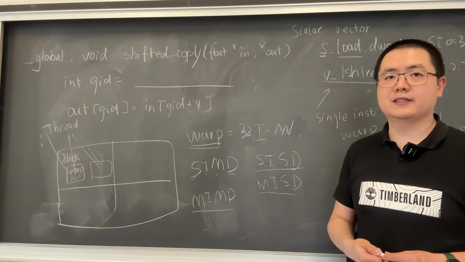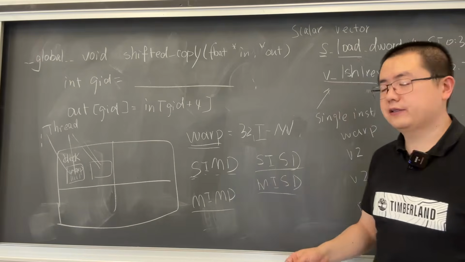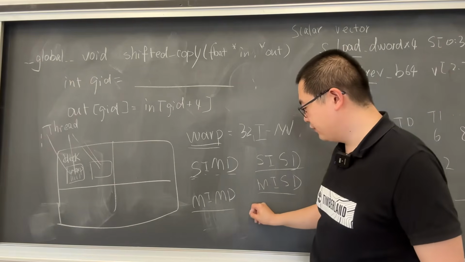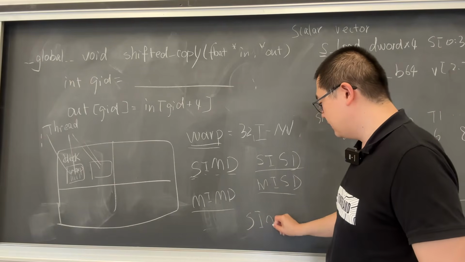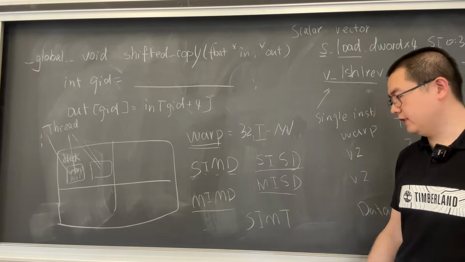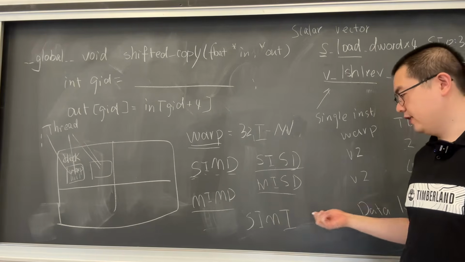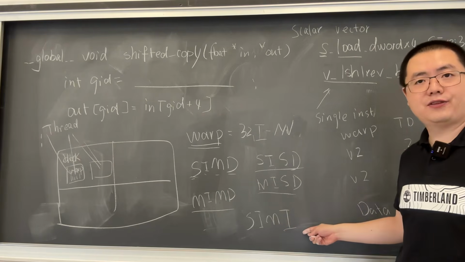data are not related. Other than this term, if you read papers, you may also see other papers saying GPU is something called a SIMT structure. T here means single instruction, multiple thread.